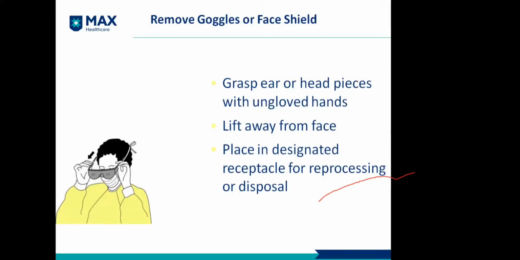And after taking away the gloves, we should always perform hand hygiene every time also. So lift away from the face, don't try to put it over the nose, and place it in a designated receptacle. We used to have different markers, or we can always put a marker over our goggles, write our name and disinfect it with 70% alcohol.